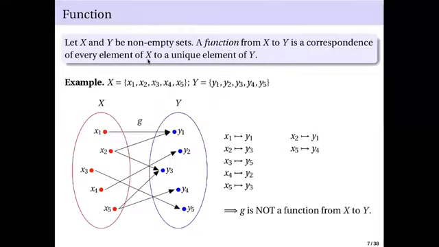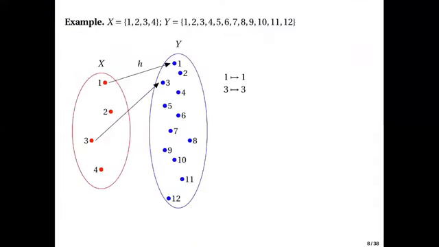Every element of X must correspond to a unique element of Y. But in here, there are two elements from X which do not correspond to anything. And therefore, because of that, this H here is not a function. Question so far?